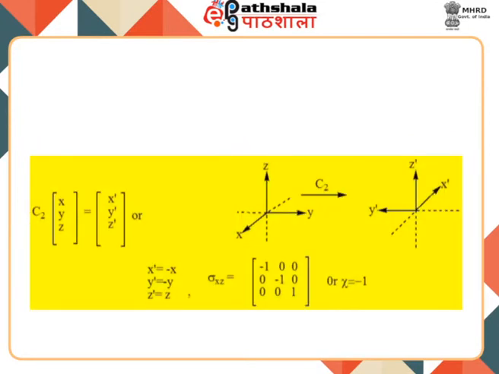Now, let us take the C2 operation. I will carry out the C2 operation along this axis. If I carry it out like this, two vectors are shifted and one is not, as shown in the diagram. The result is -1 0 0, 0 -1 0, 0 0 1, that is, chi is equal to -1.